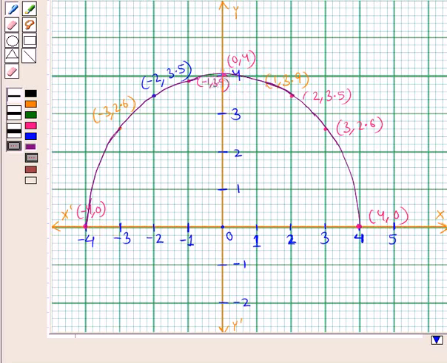And we observe that this curve is increasing when x is less than equal to 0 and decreasing when x is greater than equal to 0. This point 0, 4 is the maximum point, and we also observe that no portion of the curve lies on the left of x equal to minus 4, that is on this side, and no portion of the curve lies on the right of x equal to 4, that is on this side.